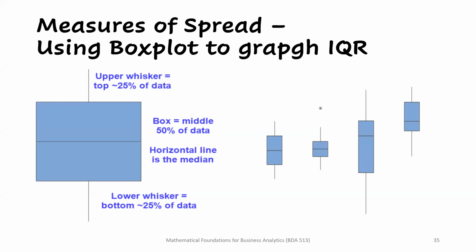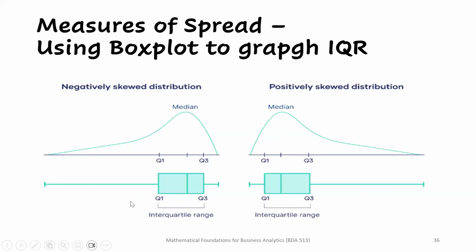Let's have a look at this next slide. The box plot at the bottom, you see Q1 and Q3, and the median is nearer to Q3.